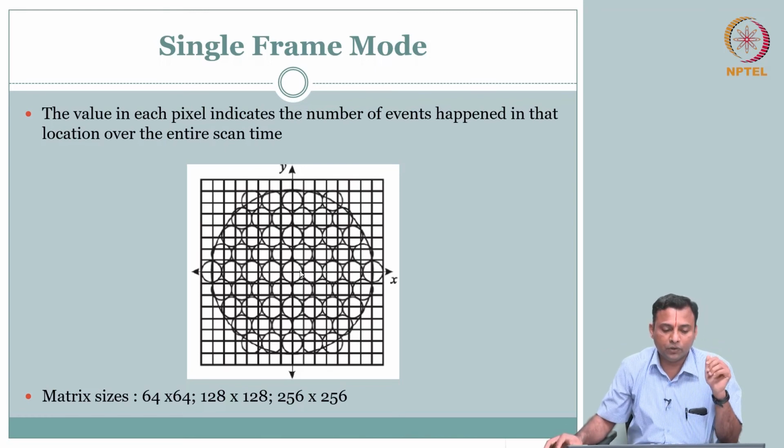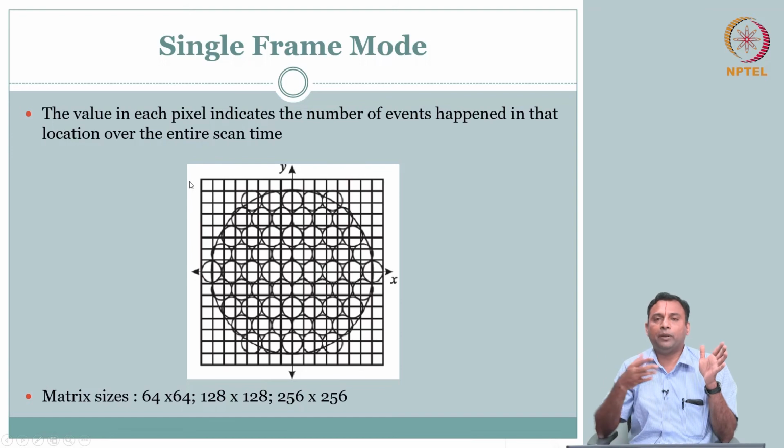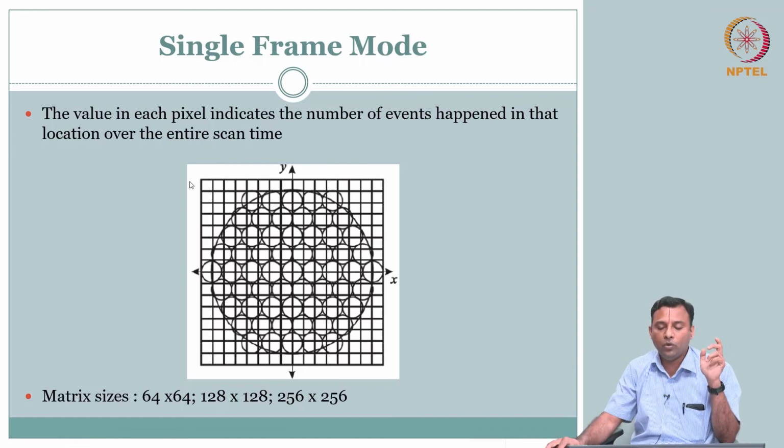This is called a single frame mode because you just have one frame for the entire scan time. So the patient has been scanned for 10 minutes, for example. At the end of it, you have only one output.